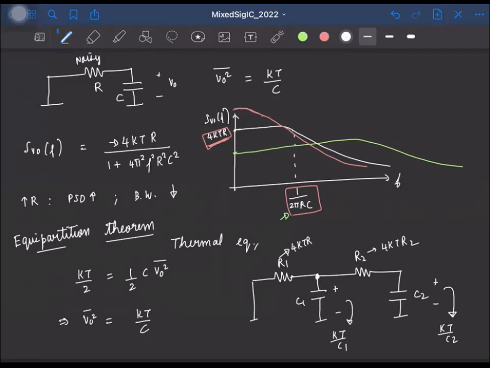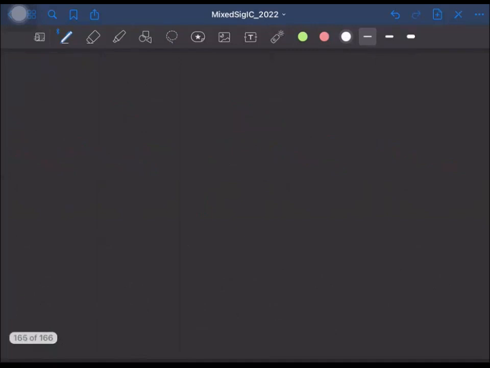Okay, and a more general result is the following, where the mean squared value, okay, across, let us say you have a network comprising only of R, L, and C. Of course, R will generate noise here.